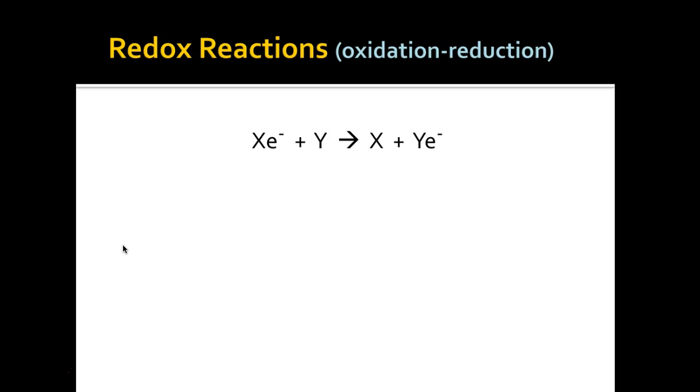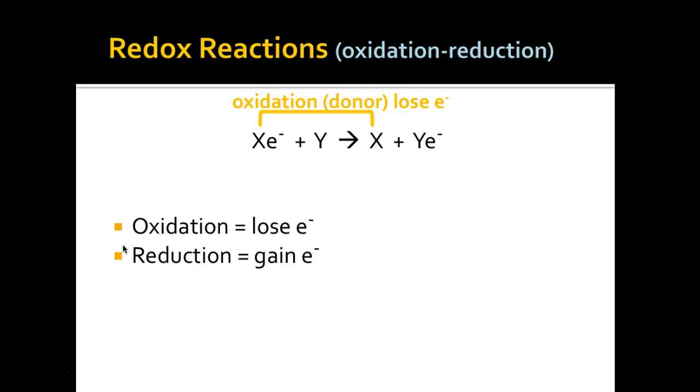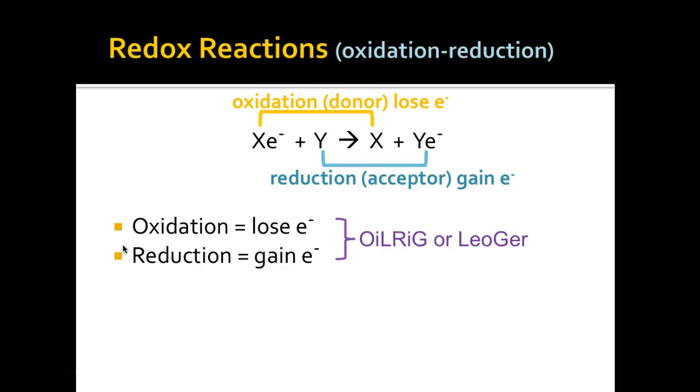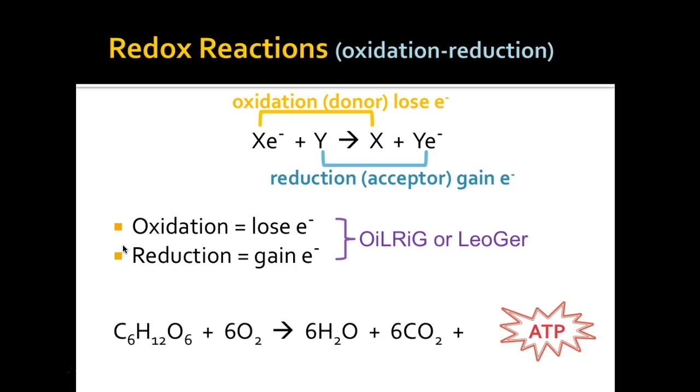Like in photosynthesis, we do see redox reactions here. There's oxidation and reduction. Again, oxidation is the loss of an electron from a molecule, and reduction is the gain of an electron to a molecule. And there we see OIL RIG, or LEO the lion says GER, as the analogy.